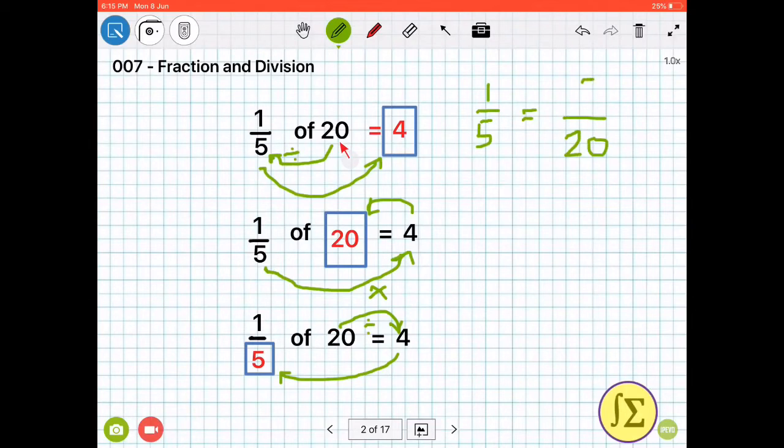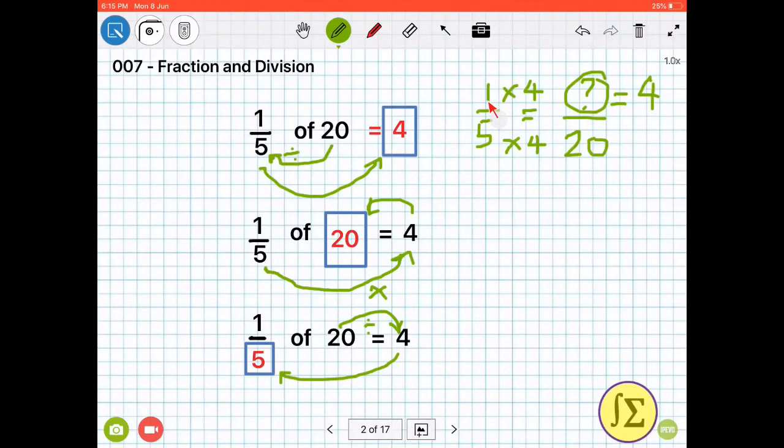We don't know the value, so we use equivalent fractions. To get 20 from 5, you multiply by 4, so you multiply the numerator by 4 also. So the answer to this question will be 4.